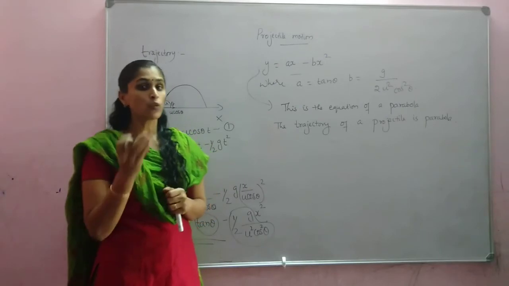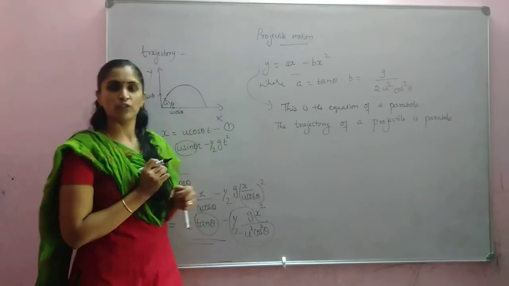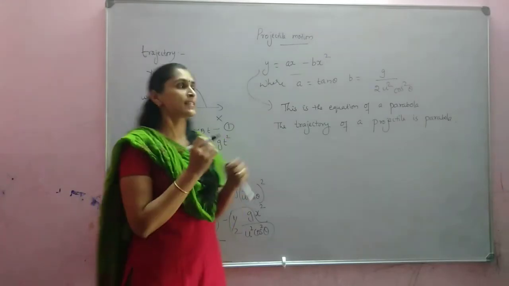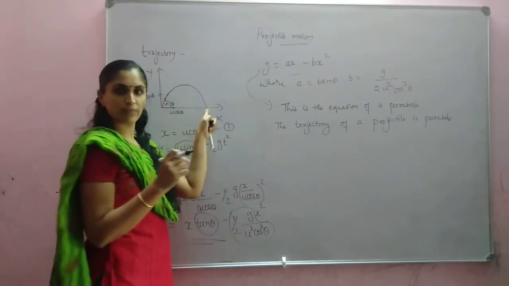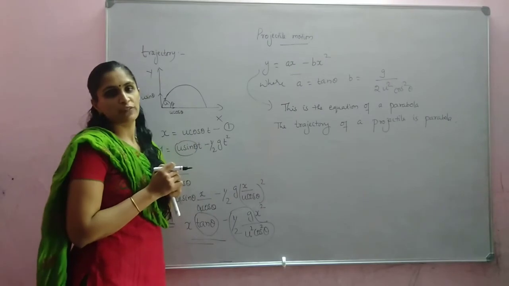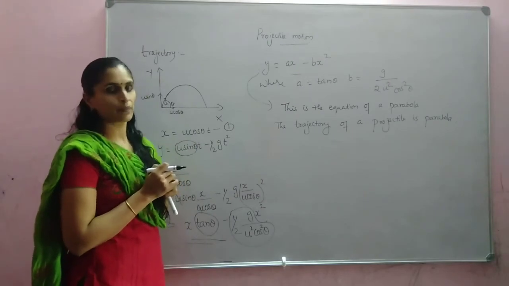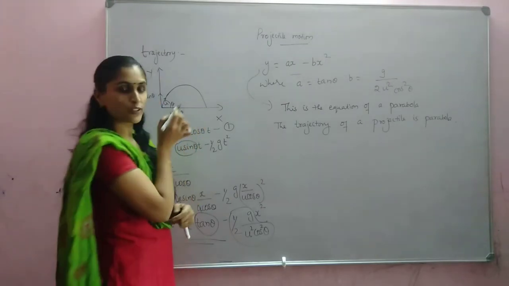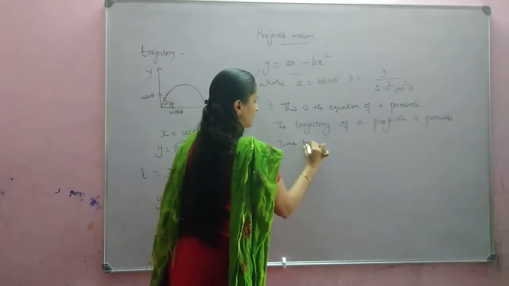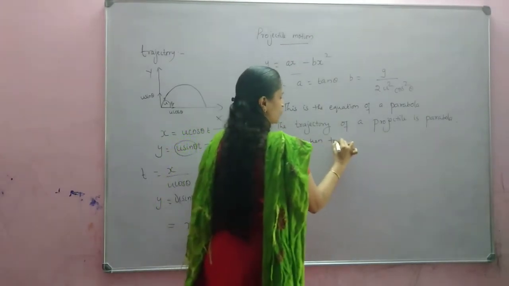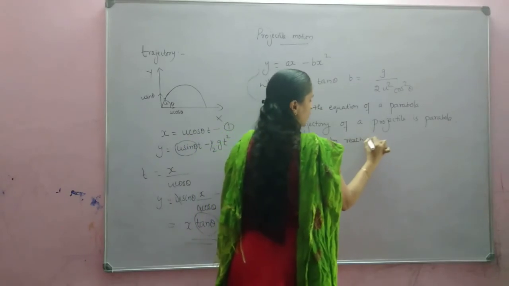Now we can find an expression for the time taken to reach the maximum height, the total time taken, and the expression for horizontal range. So first, the time taken to reach the maximum height.